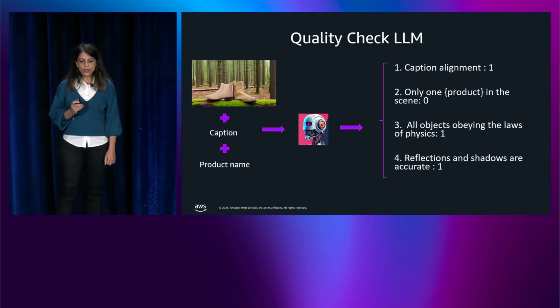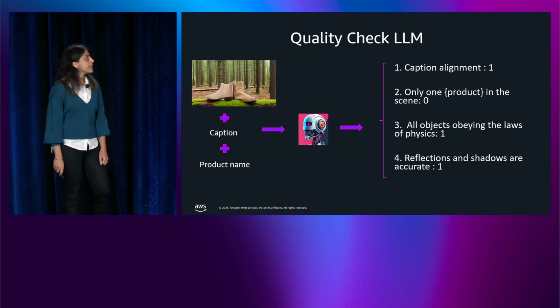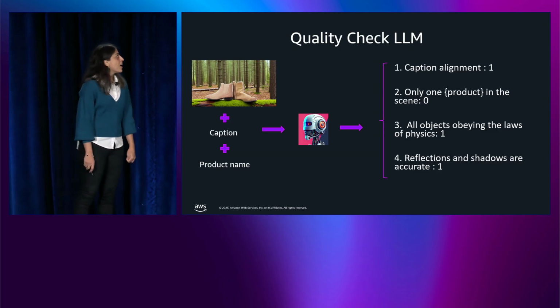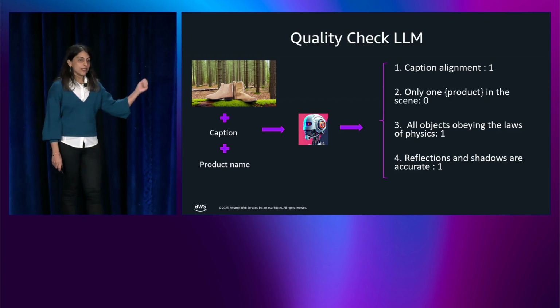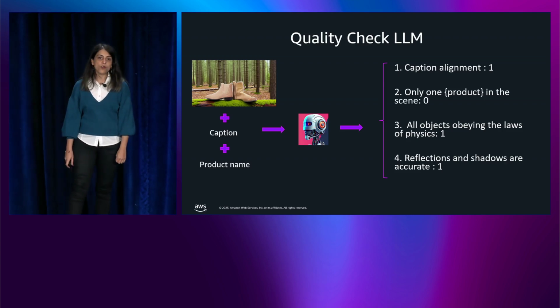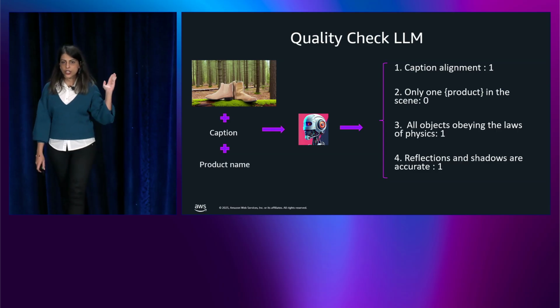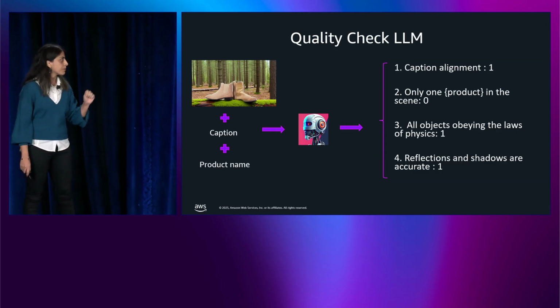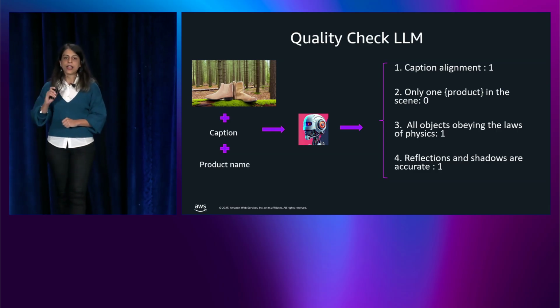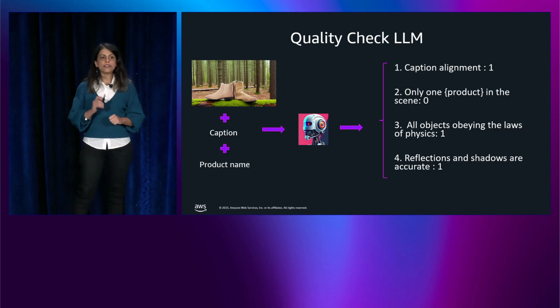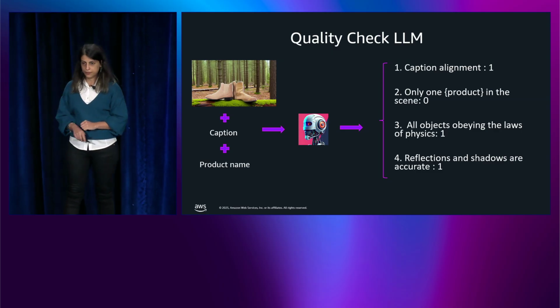For this component, the first part is going to be, again, our champion, Nova Pro, because it's a multimodal model. We, again, use the multimodal capability of Nova Pro. We feed it the image that is generated, the caption, and the product. Now, we have certain guidelines that we want Nova Pro to evaluate the image based on.